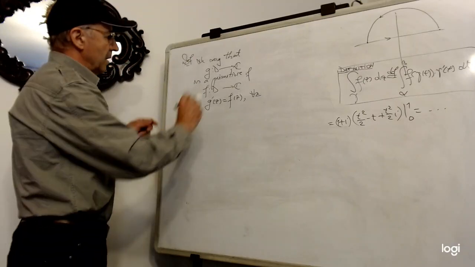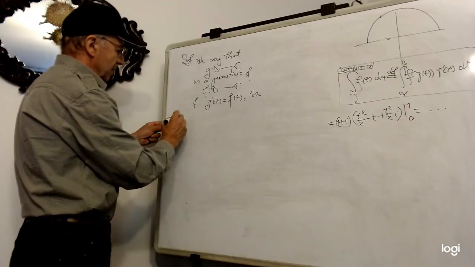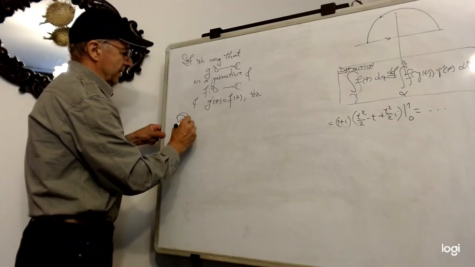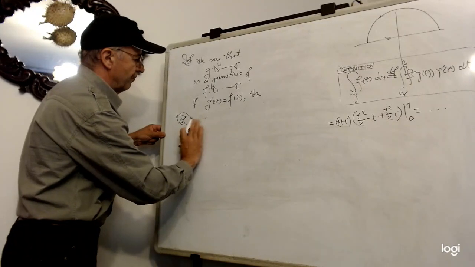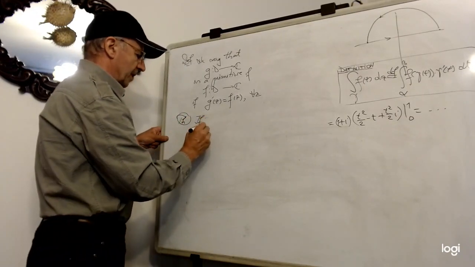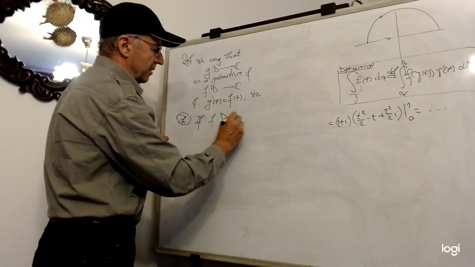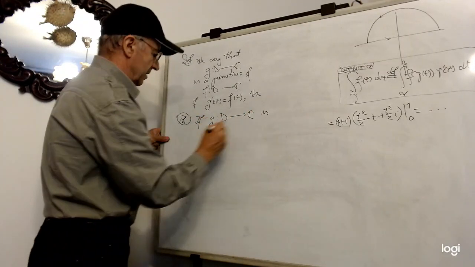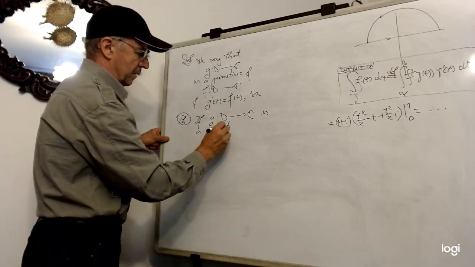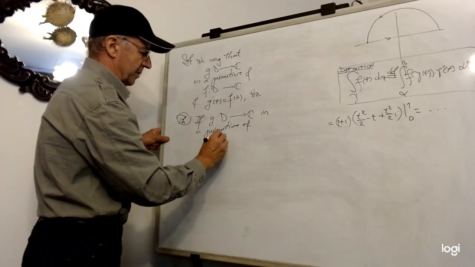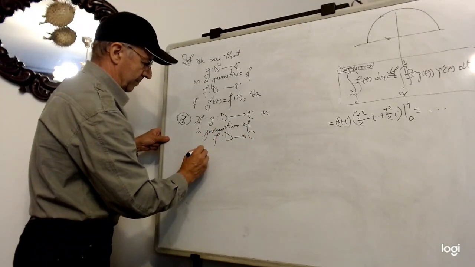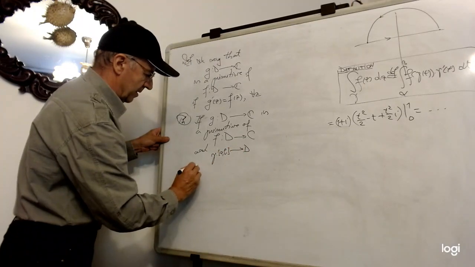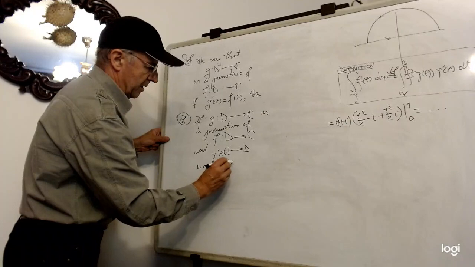Okay, and now we have the following theorem. If G is a primitive of f from D to C, and gamma from an interval a, b to D is a path in D of class C1.